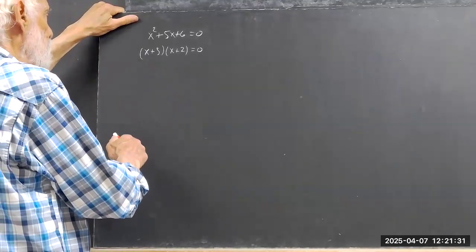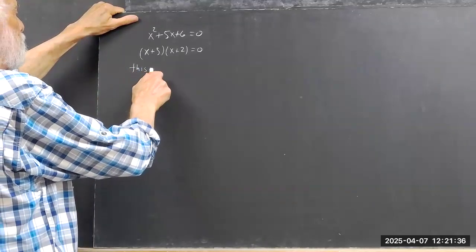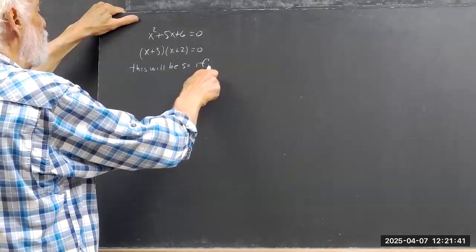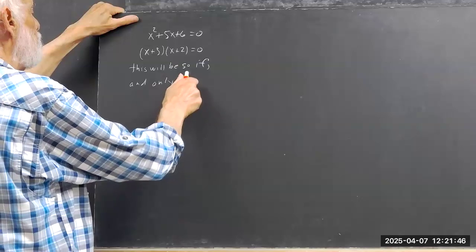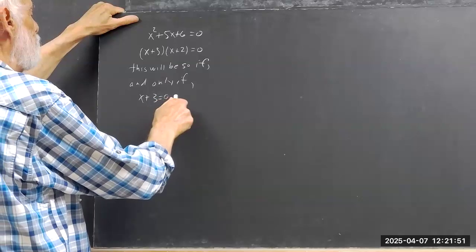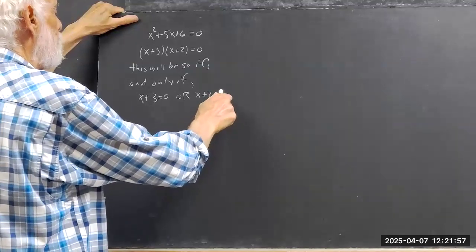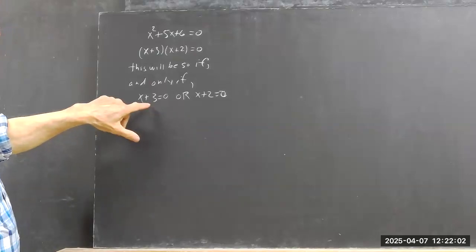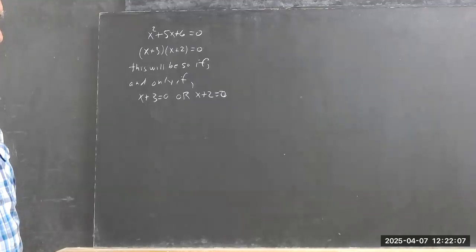So what we do is we say, this product is going to be 0 if and only if x plus 3 equals 0 or x plus 2 equals 0.